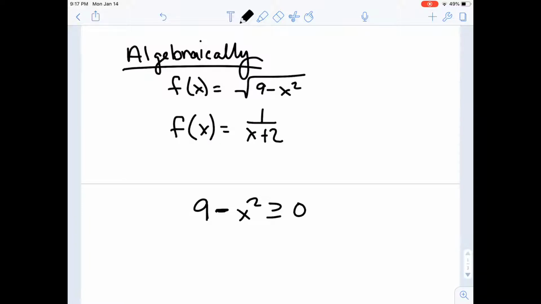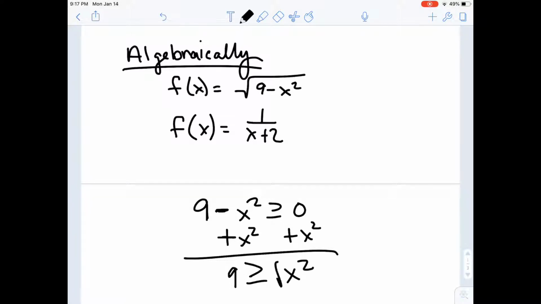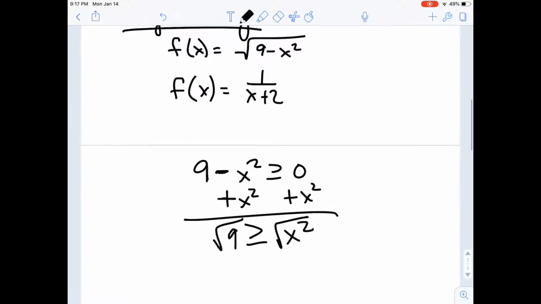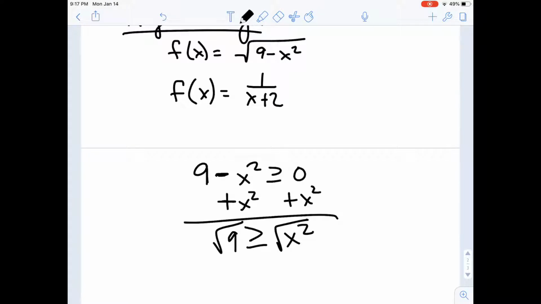If you move x squared over, I'm going to add x squared to both sides. I get 9 is greater than or equal to x squared. And now I'm going to square root. And when you square root, remember, you always get two answers: the positive and negative number.